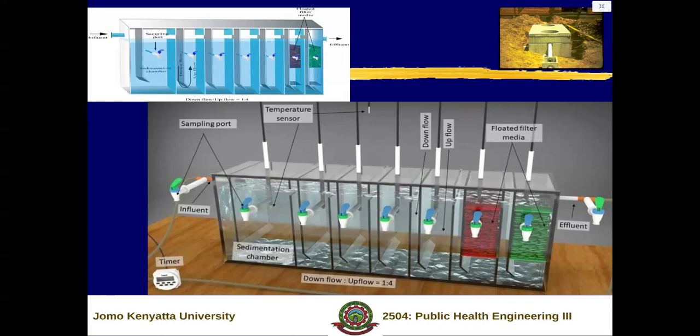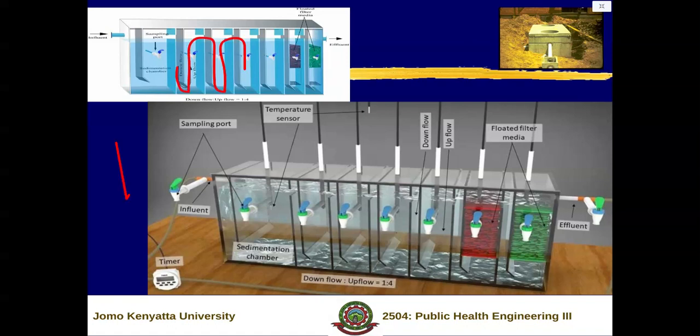Allow me to proceed a bit, and I think this is still one of the other systems. This is what we call the buffered reactor, which allows water to either go, if you look at this part here, down and up, in that series of things.